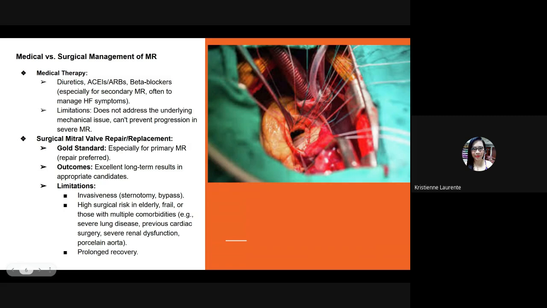Prolonged recovery: even without complications, recovery from open heart surgery is a lengthy process. Anything surgical has an extended recovery compared to non-invasive, transcatheter procedures. It often involves weeks to months of rehabilitation and significant lifestyle disruption. There is also a higher likelihood of requiring blood transfusion during and after surgery.